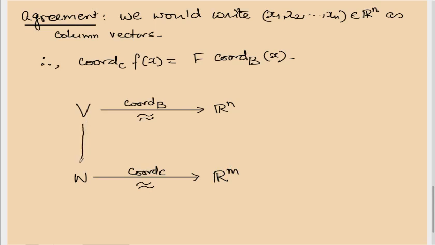And you have this linear transformation. What I did was exactly this: I took a member over here, took its coordinatization under B, took its image, and then took the coordinates. That's what I did.